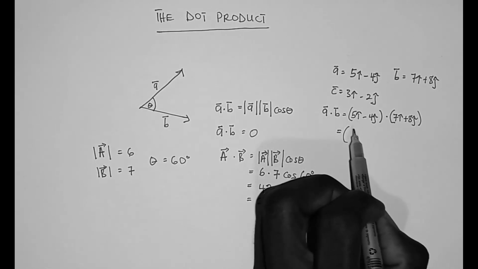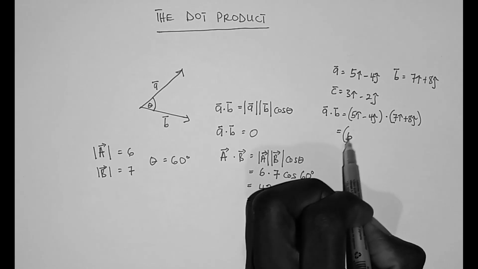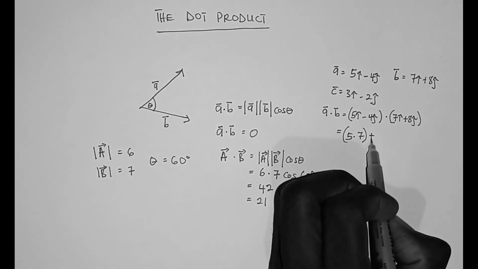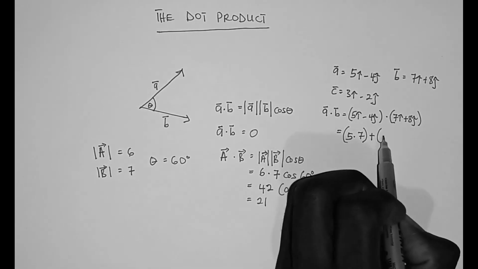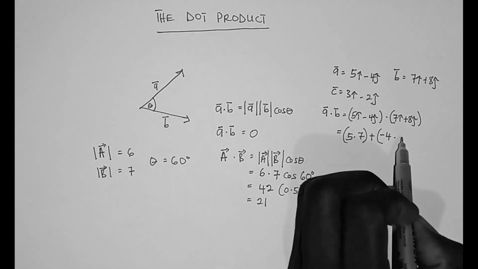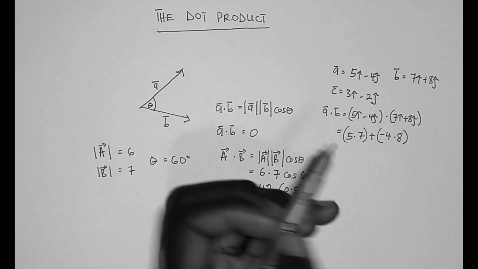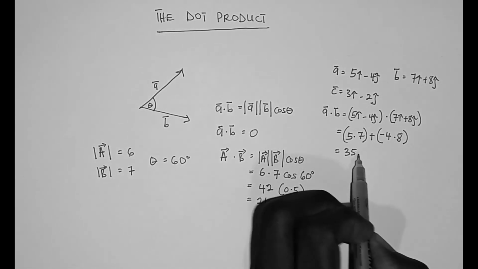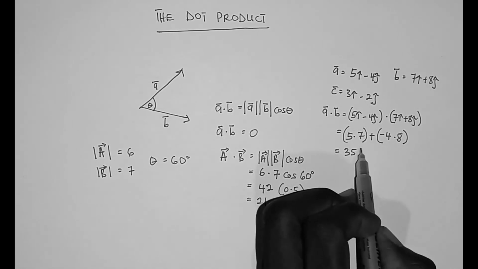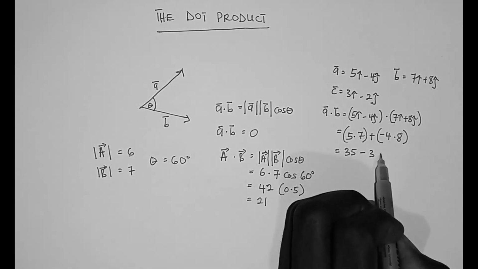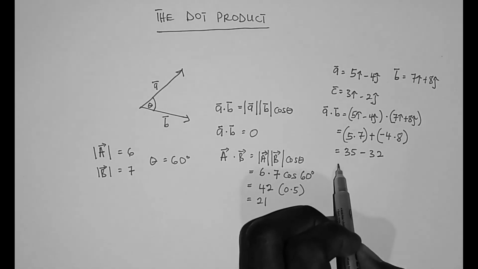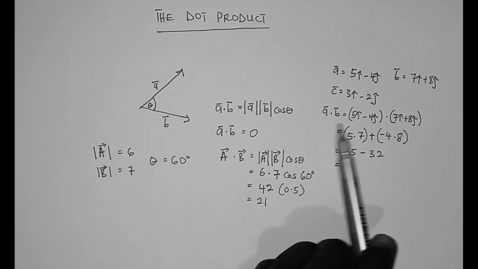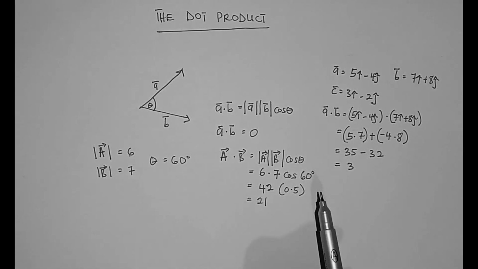So for the i part, it becomes 5 times 7. Then plus the j part is minus 4 times 8. So this is equal to 5 times 7 is 35. Then minus 4 times 8 is minus 32. And 35 minus 32 is 3. So vector A dot vector B is 3.